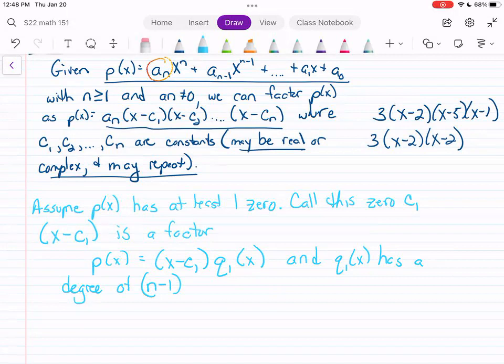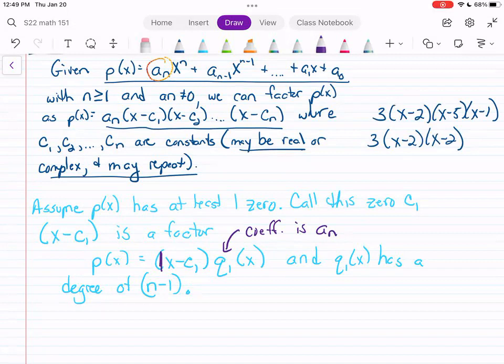Notice that this quotient is still going to have a leading coefficient of a sub n, since that x minus c sub 1 has a coefficient of 1. So note, this is 1, so we know the coefficient here is still that same a sub n.